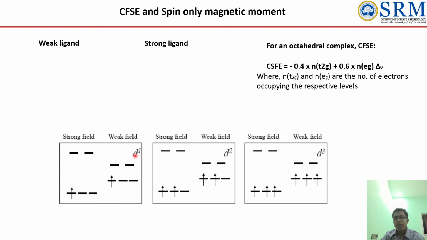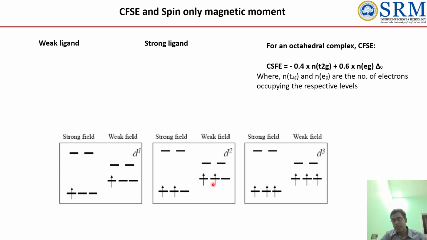But what matters here is this delta O. This delta O will be higher for the stronger field and lower for the weaker field. So when you put in the delta O number, the CFSE will change. When you keep this delta O aside, the numbers remain constant for both weak and strong field. The d2 system, again, is the same.